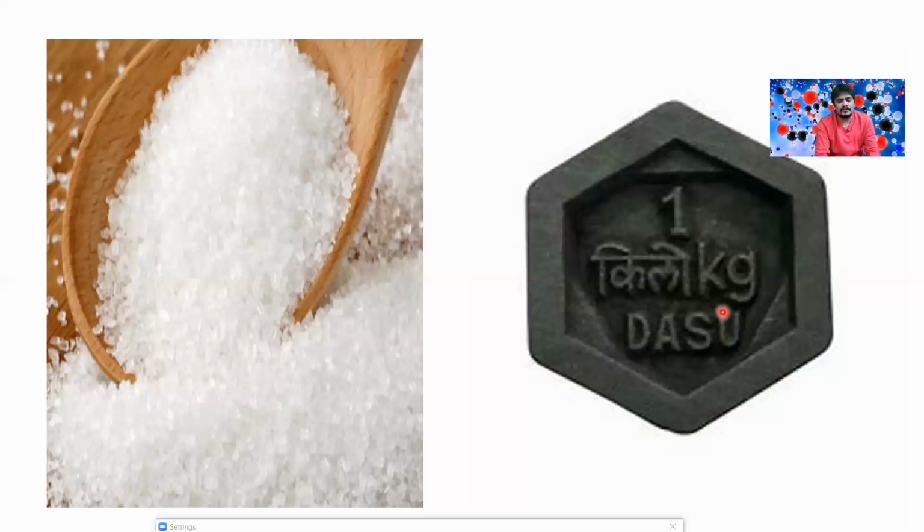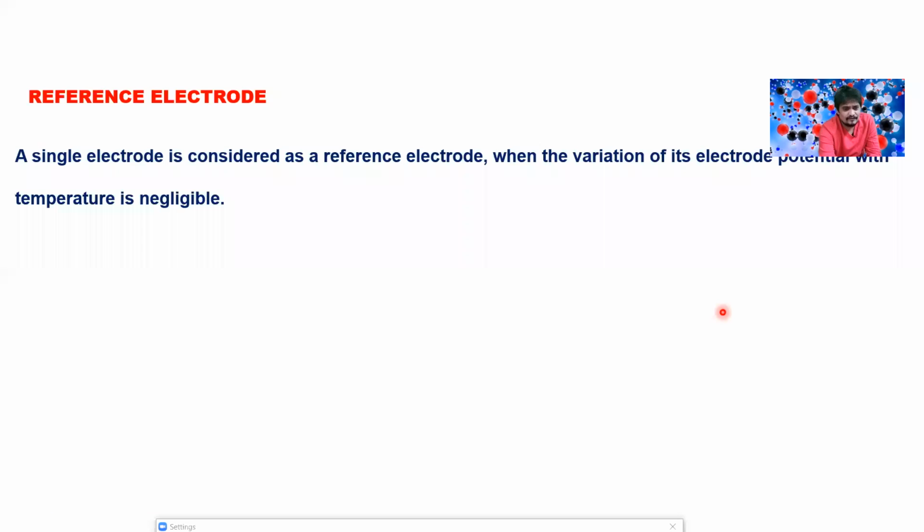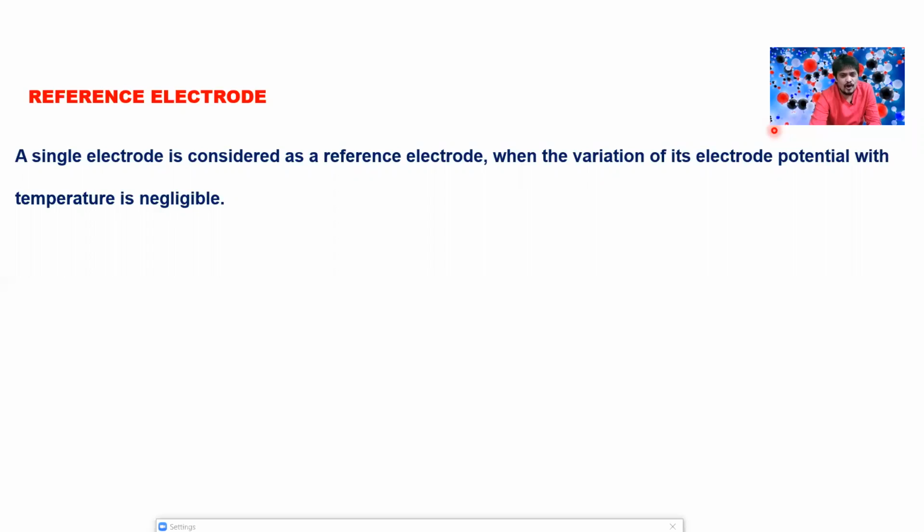So based upon what I have explained, what is a reference electrode? A single electrode is considered as a reference electrode when the variation of its electrode potential with temperature is negligible. The electrode potential of an electrode is going to be altered or changed, isn't it?